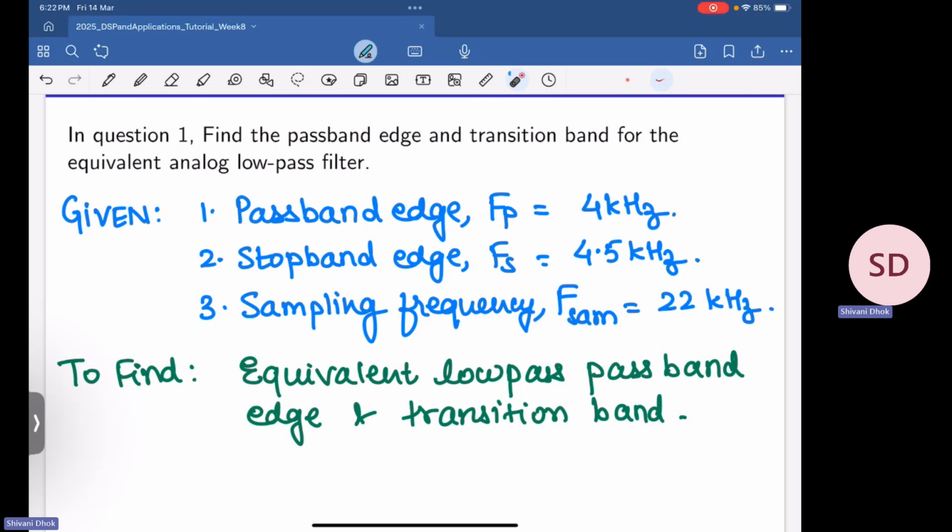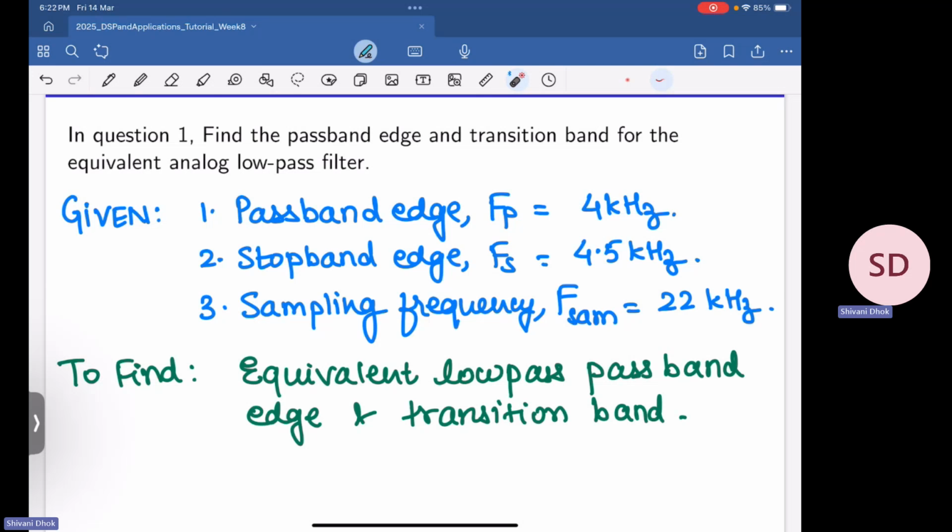Now in order to do that, we first convert these analog specifications into our required digital frequencies, that is little omegas. But when we do so, we are applying a non-linear transformation.